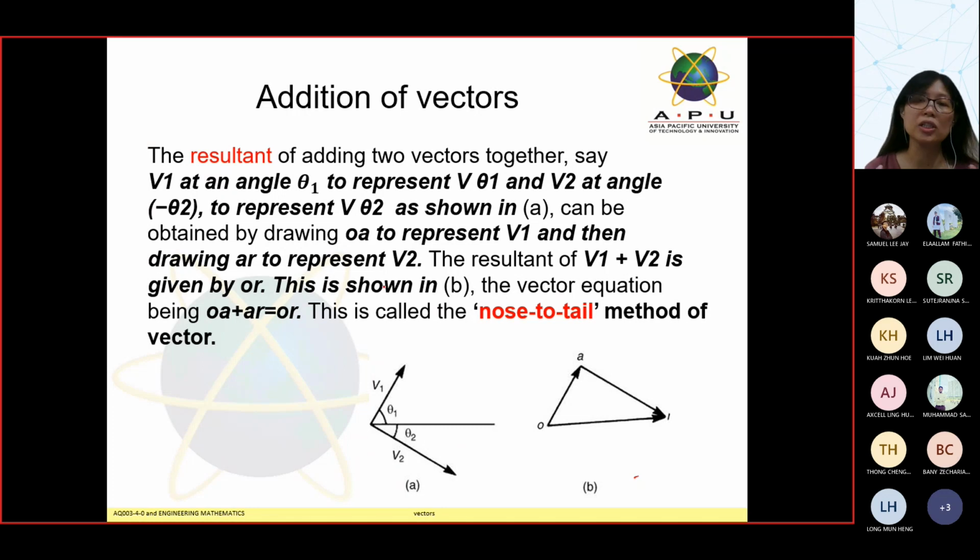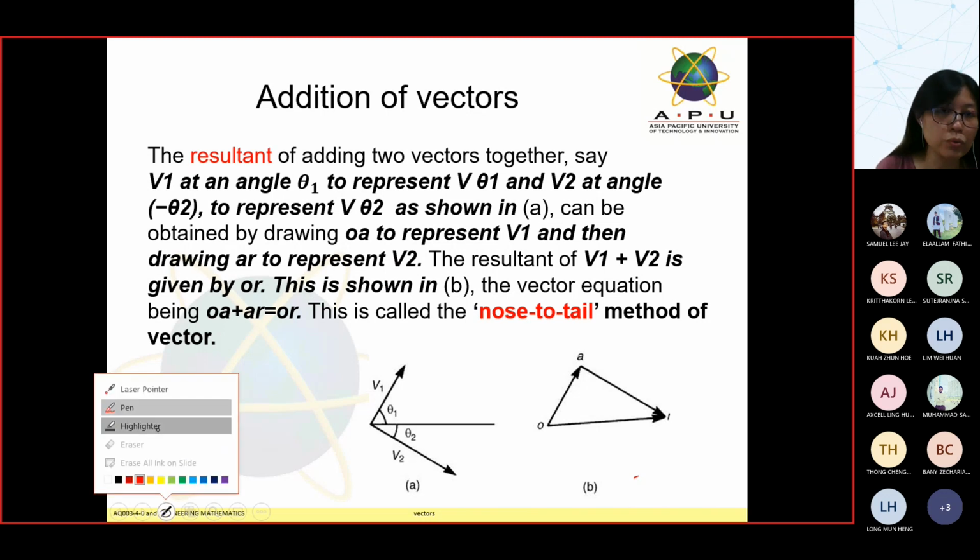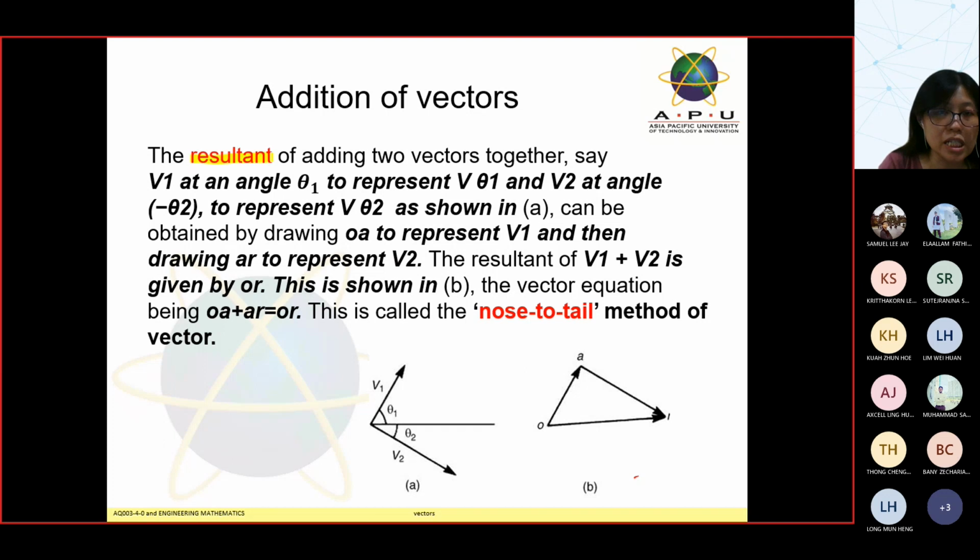When we add two vectors together, we call the result the resultant vector. Resultant vector means you combine, you add the two vectors together. So if you have two vectors and you would like to find the resultant vector, how are we going to find it?